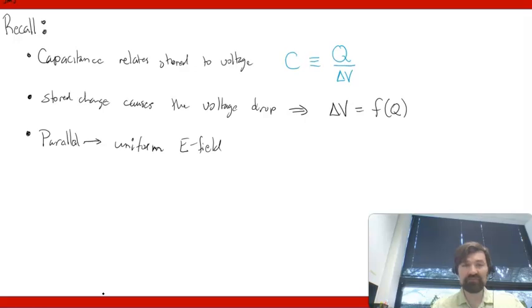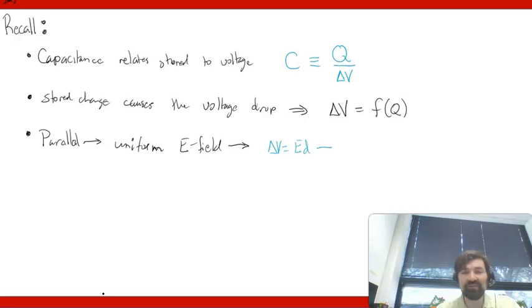Finally, the third item was the parallel plates capacitor, which had a uniform E field. In the parallel plate calculation, we determined that delta V was equal to E times the distance between plates, and E in turn was charge divided by area times epsilon naught.